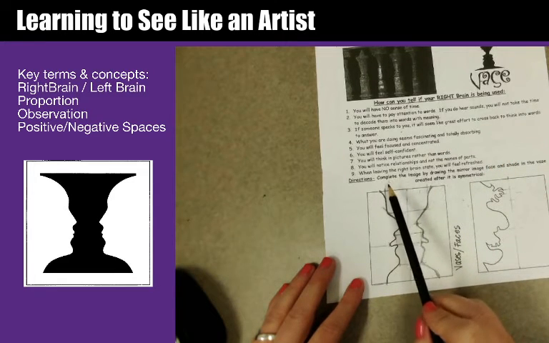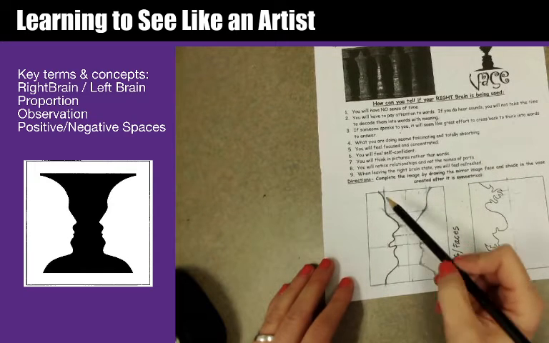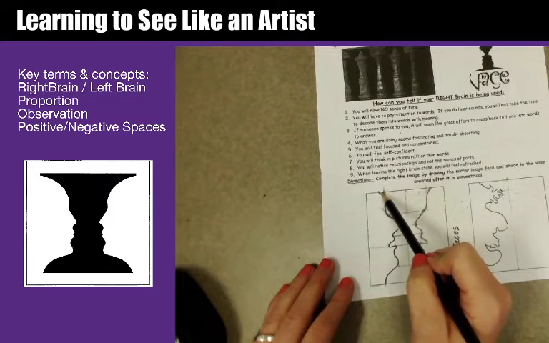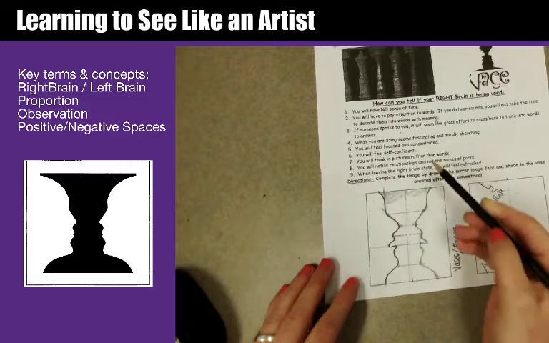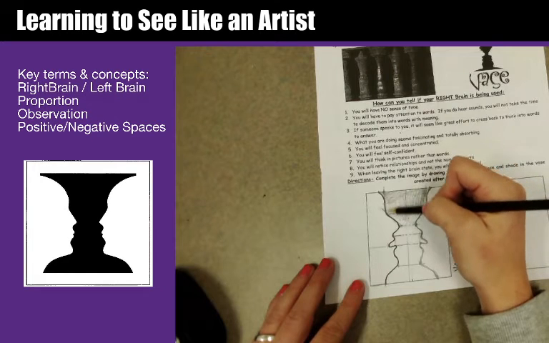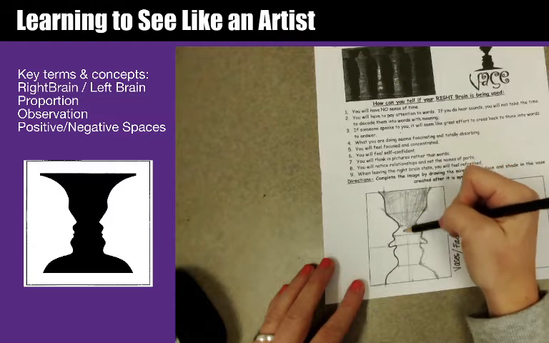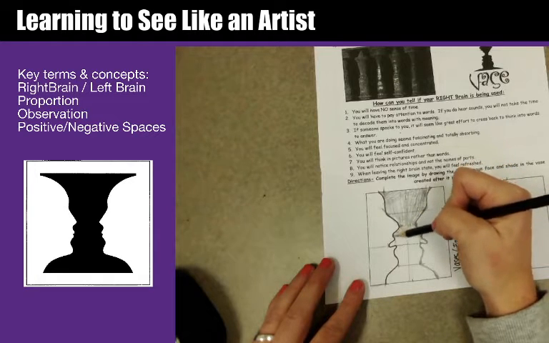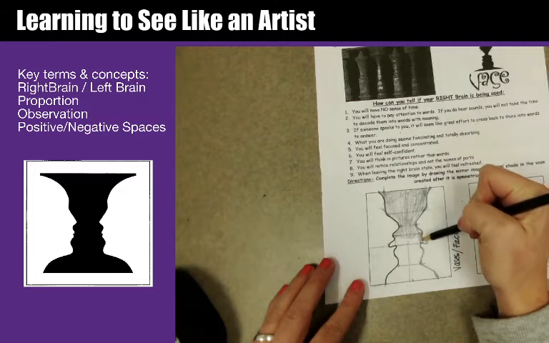So now it says complete the image by drawing the mirror image face and shade the vase created after it's symmetrical. So when I know it's right, I'm going to very lightly shade in the center. Any of those guidelines that I had, I don't have to worry about erasing them. I'm just going to color over them. When I shade this in, I want you to shift your perception to look at this vase shape.